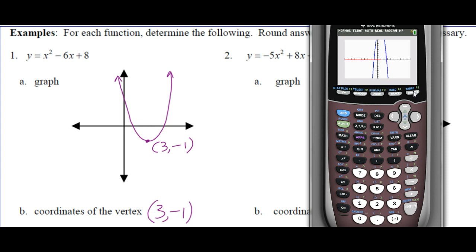We're missing the point up here. And it's fairly narrow, so I don't really need to go -10 to 10. Maybe I'll go, let's say, -3 to 5, and we've got to go higher. So how high do we have to go?